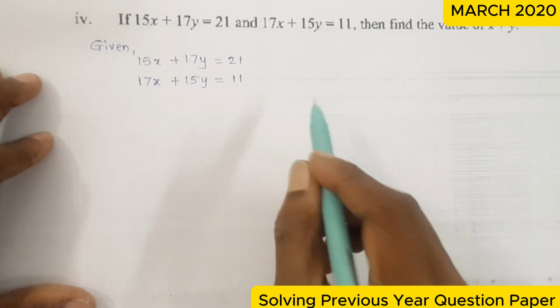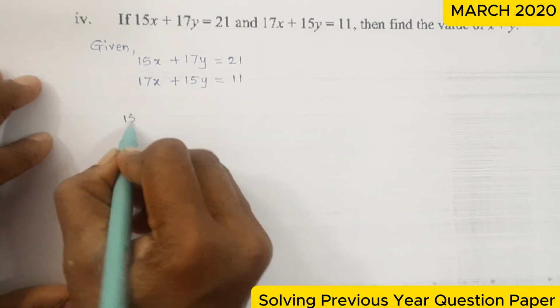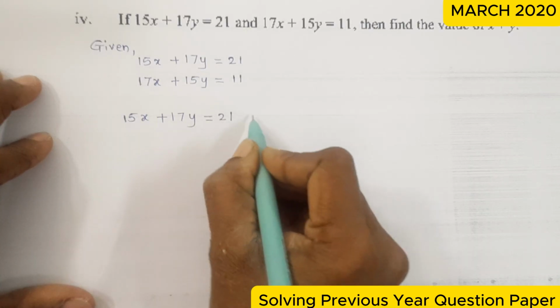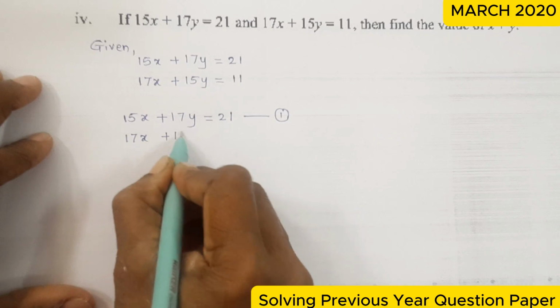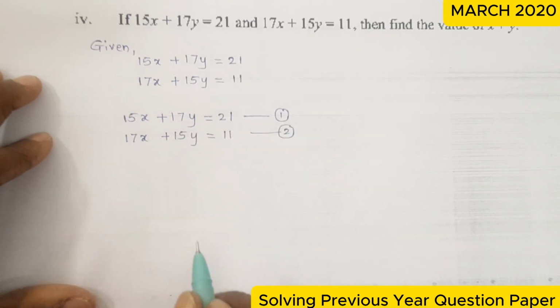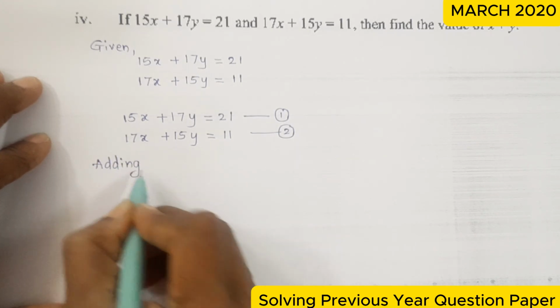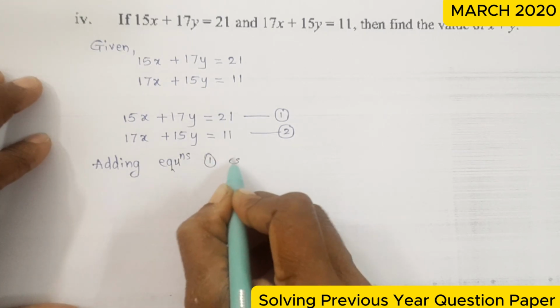So first we have to find out x plus y. So here we first write 15x plus 17y is equal to 21. Call it the first equation. 17x plus 15y is equal to 11, and that is called the second equation. Then here students, adding equations 1 and 2.